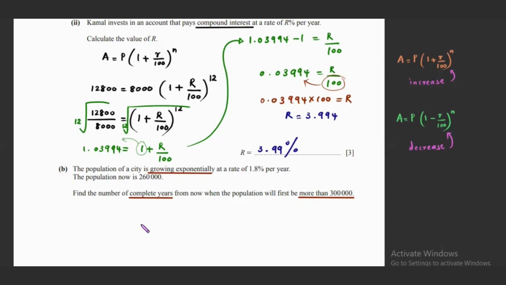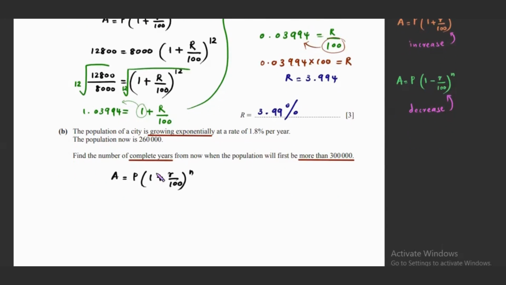A is equal to P times (1 + R/100) to the power N. Now, we know that the value of A is 300,000. So it should be more than 300,000. So for it to be more than 300,000, we need to calculate what N should be.